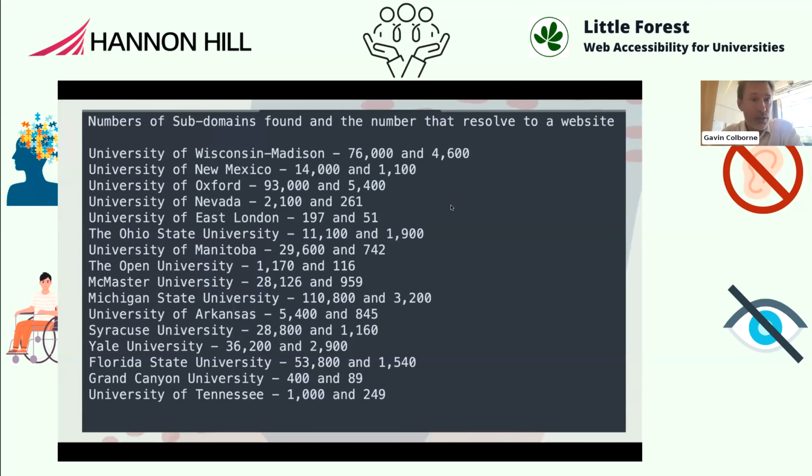At the time of this report, the University of Wisconsin had 76,000 subdomains. 4,000 odd of those were resolving to websites. For the University of New Mexico, we found 14,000 subdomains, 1,100 resolved to a website. Over here, University of Oxford, 93,000 subdomains, 5,400 resolving.